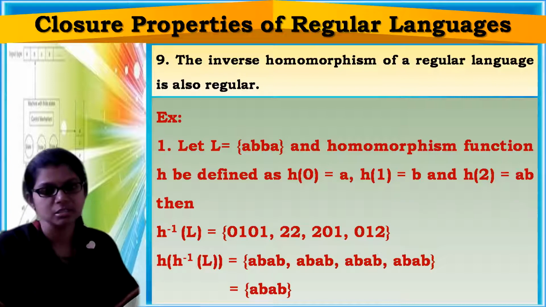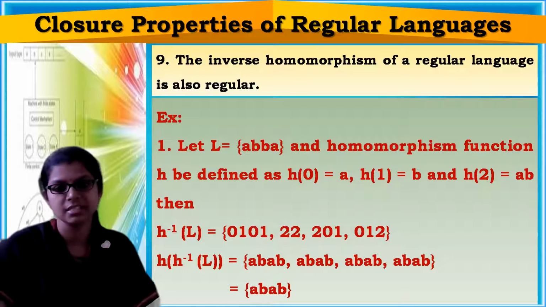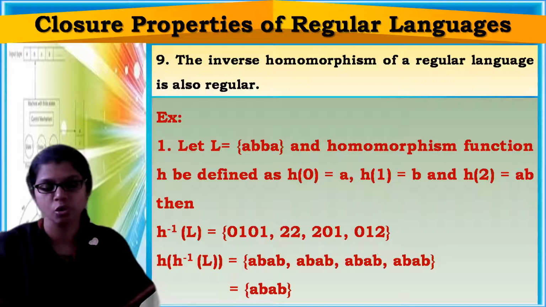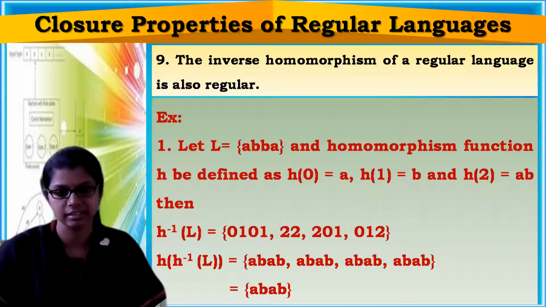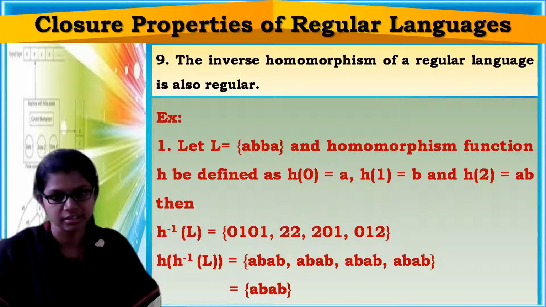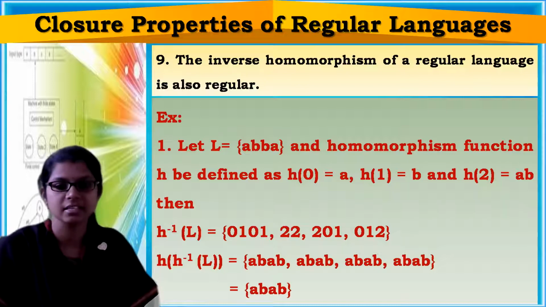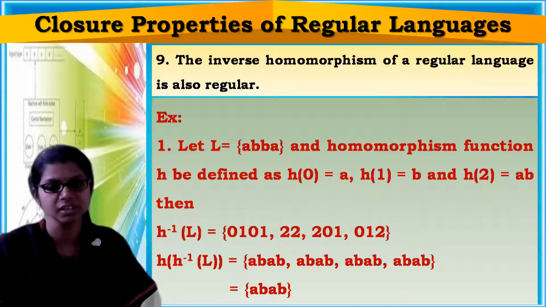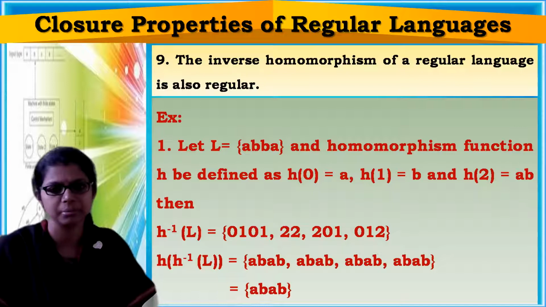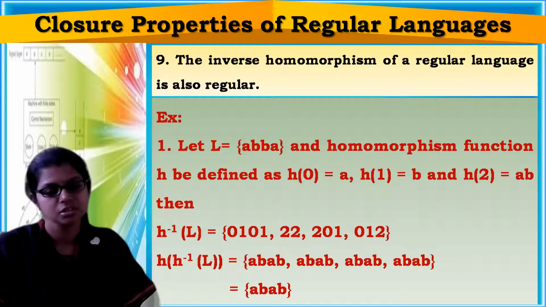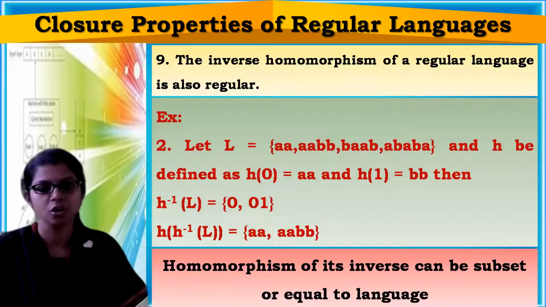So all these belong to our language L. So this is the inverse homomorphism property. The inverse homomorphism of a regular language is also regular. This is the ninth closure property of a regular language. All the strings are simply representing ABAB, which is our language, right? I hope you all are clear with this.